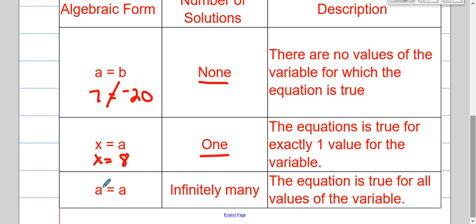And then there's sometimes where you have identical numbers on either side of the equal sign. So for example, if you had 10 is equal to 10, you did all the work and it worked out to be 10 is equal to 10. That means infinitely many solutions. So every situation will work for this because the equations are identical. So the equation is true for all values of the variable.